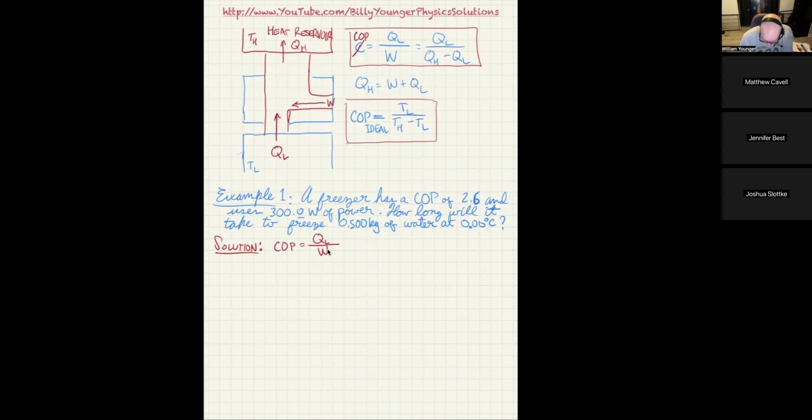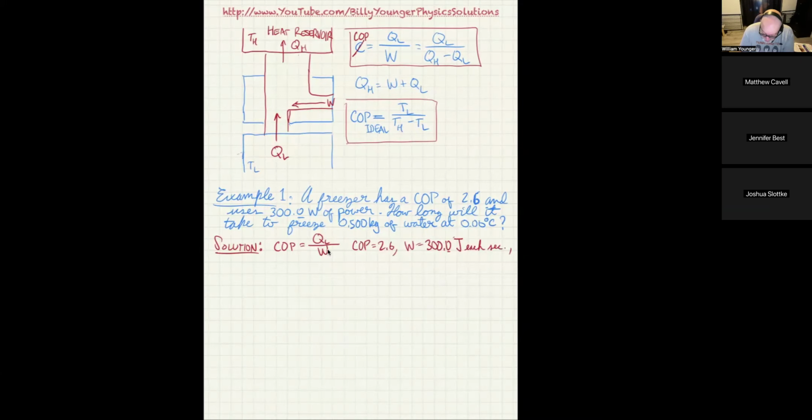So we can imagine that as a per second reading. The COP is equal to 2.6. The work is equal to 300.0, and I'd say joules per second because we're going to focus on the actual work as opposed to the actual power. So I really should call that just joules, but I'll say 300 joules each second.